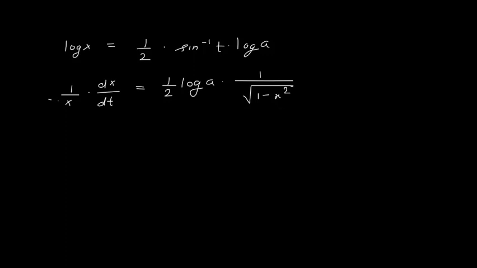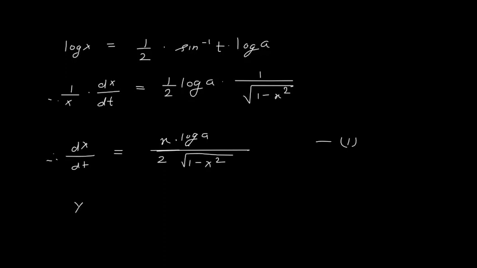Okay, so therefore we have dx upon dt is equal to x upon 2 into log a, in numerator we say it is log a, and in denominator we say this is root of 1 minus t square. This is first equation.